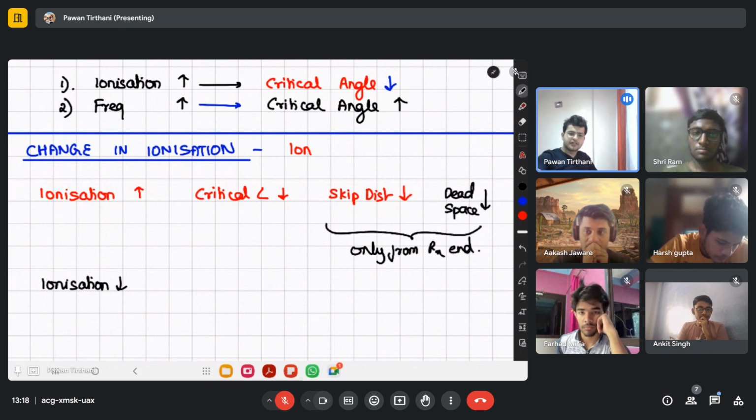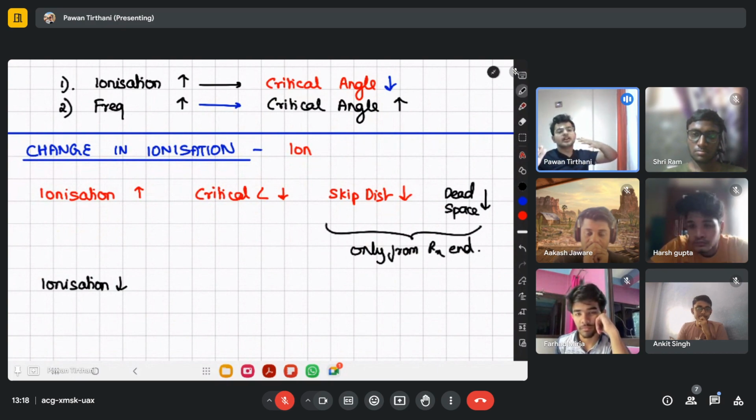Total internal refraction happens only at big angles. But if the ionosphere is strong, he can also refract the waves at small angles. Correct? So if I am strong, I can suppress it more. I can ask waves to go back down at smaller angles also.